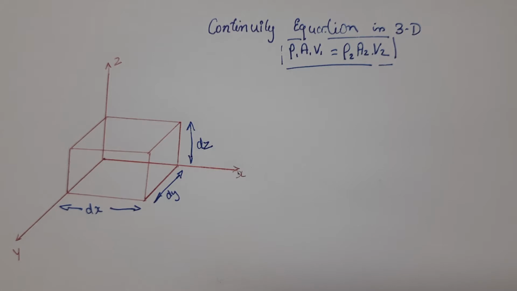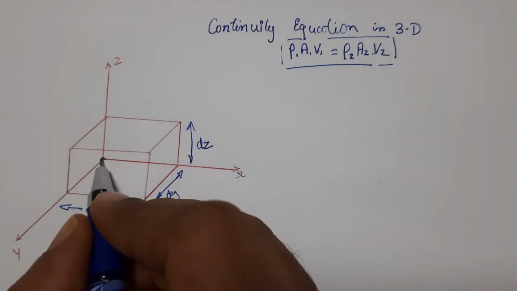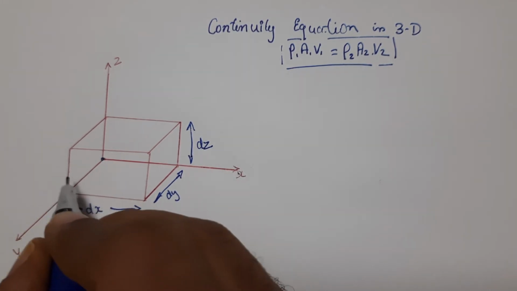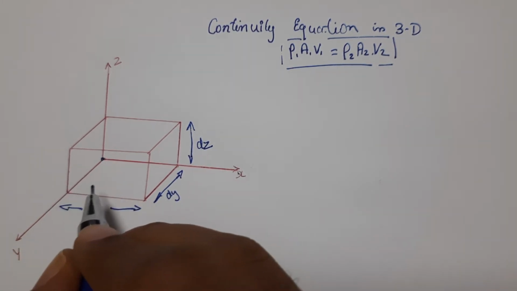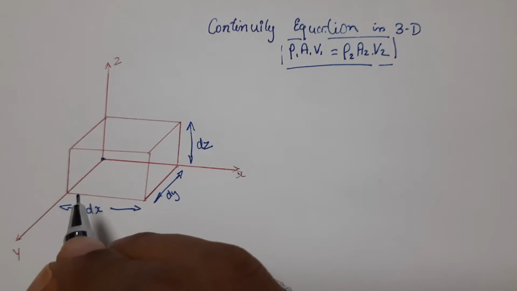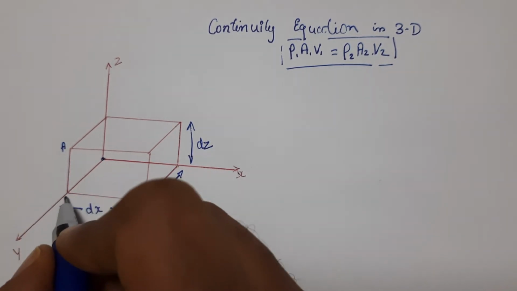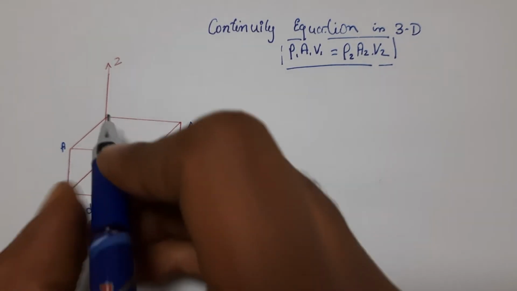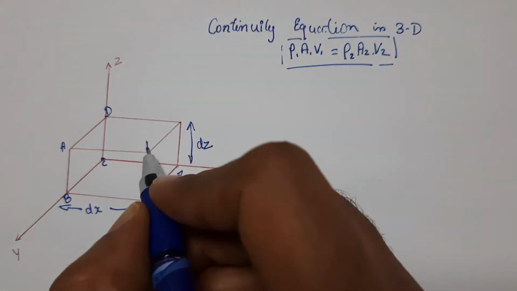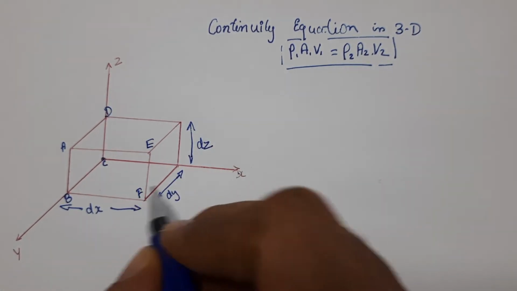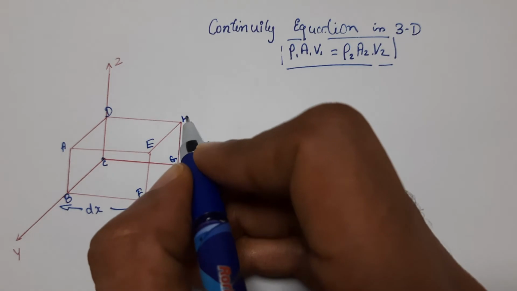Now let us have the velocity component here, the inlet velocity over here. This is the inlet. We will label this particular fluid element with corners a, b, c, d, e, f, g, and h.